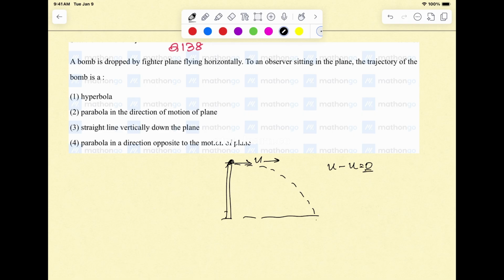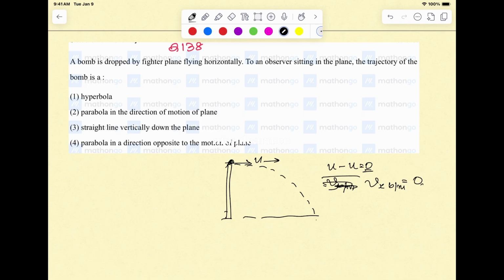That means the horizontal component of the relative velocity of the bomb with reference to the man sitting inside the aircraft, let us call it v of x, bomb with reference to observer, must be equal to u minus u equal to 0.